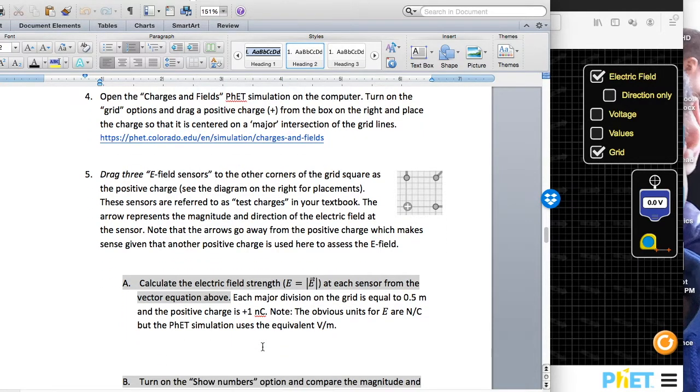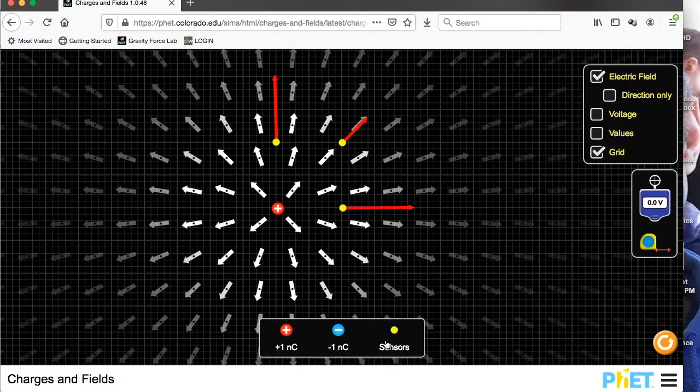Calculate the electric field strength at each sensor from the vector equation. Okay, so this is 1 meter. This is 1 nanocoulomb. The electric field strength here is going to be K times Q, 1 nanocoulomb, over the distance between them squared. This one's going to be a little bit more complicated.